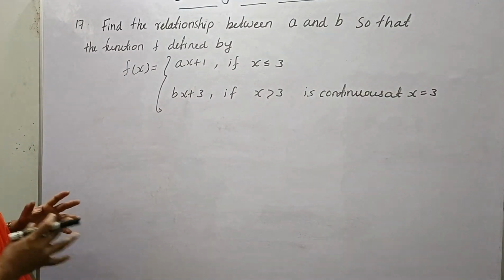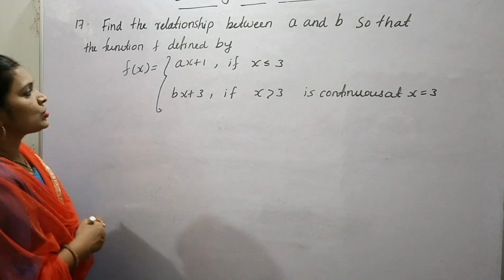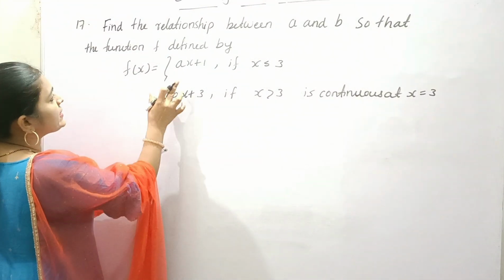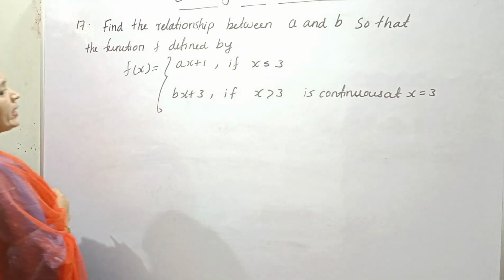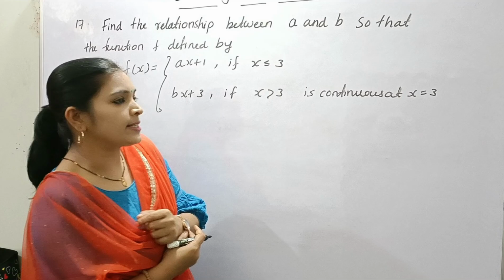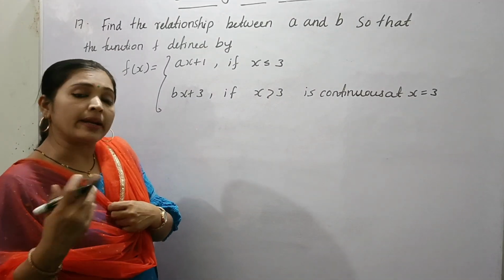Okay, so we know what the conditions are for a function to be continuous. Here, f of x is equal to ax plus 1 if x is less than or equal to 3. Now it is given that this function is continuous at x equal to 3, right? So let's find the left hand limit and right hand limit.